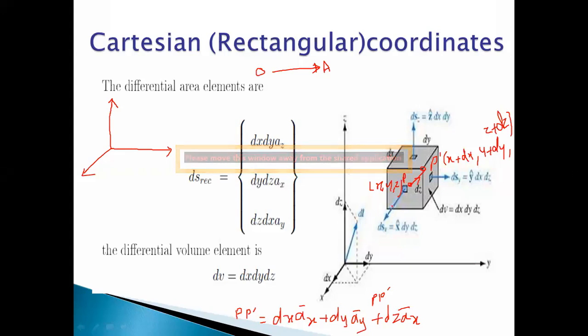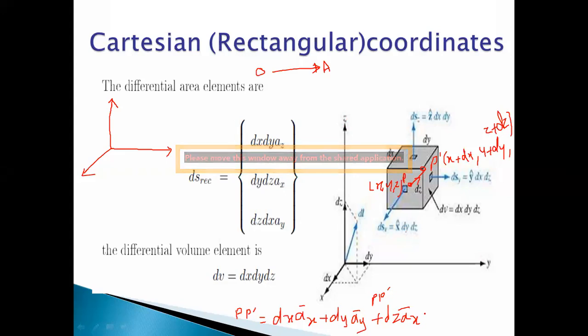So you simply take this P dash minus P. Then we'll see the differential length.